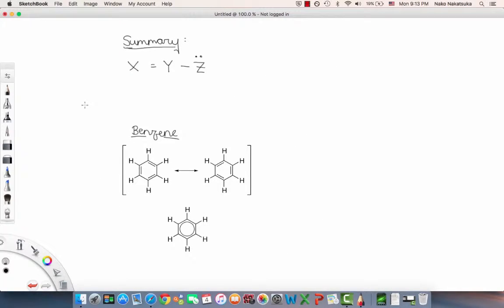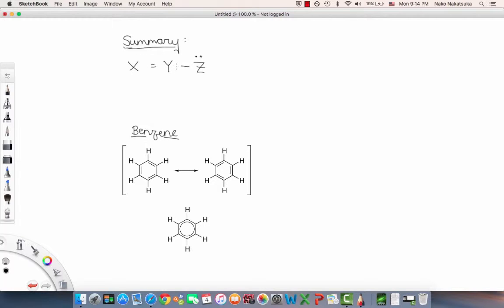I want to summarize the things that I just said based upon this simplified formula, with X double bonded to Y, single bonded to Z with a lone pair. But there were a few things I wanted to mention, 4 to be precise. Z can have more than 1 lone pair. This is just an illustration of what this particular molecule could look like. X and Y can also have lone pairs.